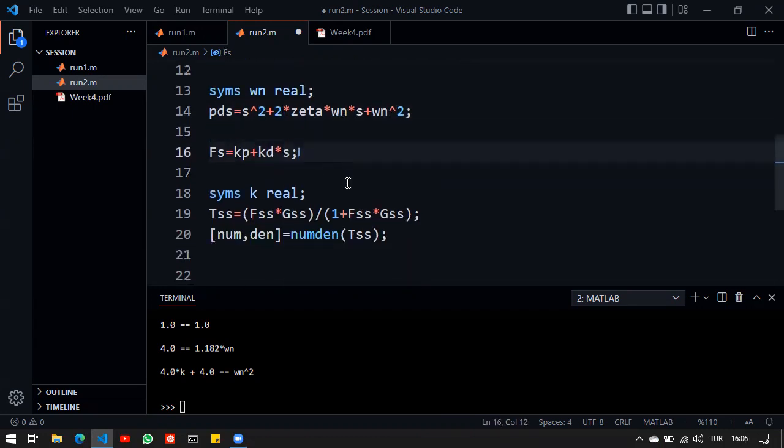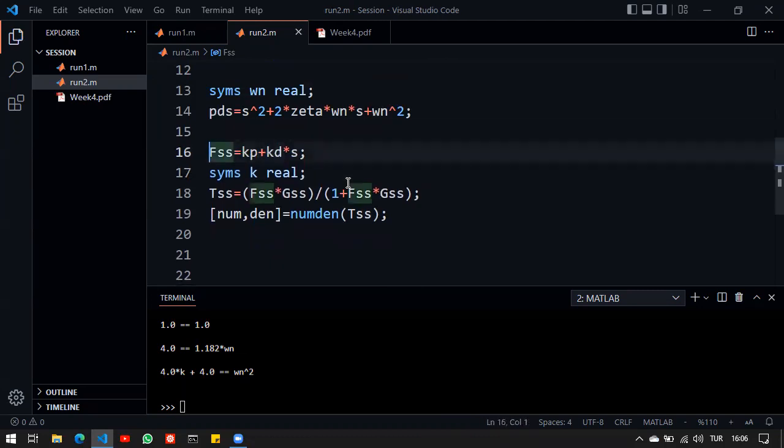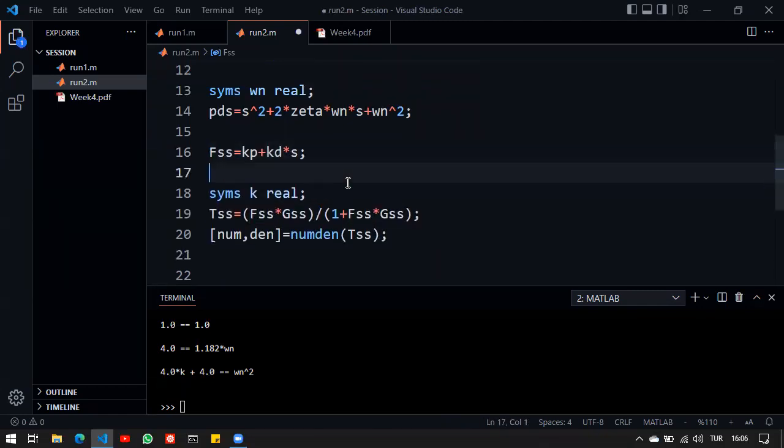So let's define the controller here. I can directly write kp plus kd s, but I can also use a different notation. Let me change the order of these: kd s plus kp. Since we have kd and kp here, what I can do is factor out kd here.